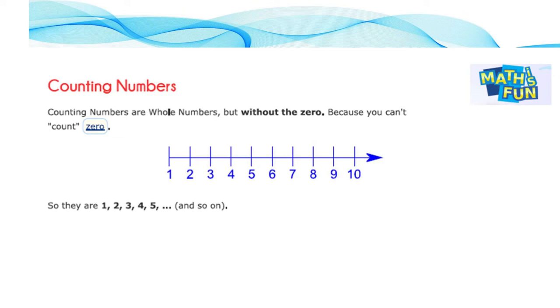So here we have counting numbers, also referred to as natural numbers. And these are whole numbers, but they're not starting with 0, so they start at 1. And again, they continue on to infinity. No fractions, no decimals, just whole numbers. So once again, you can think of a few yourself.